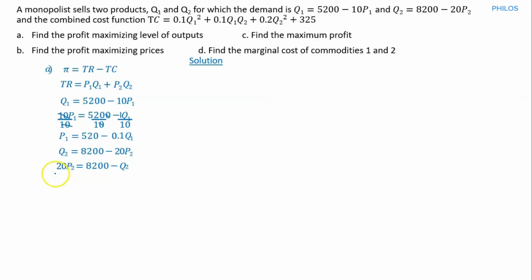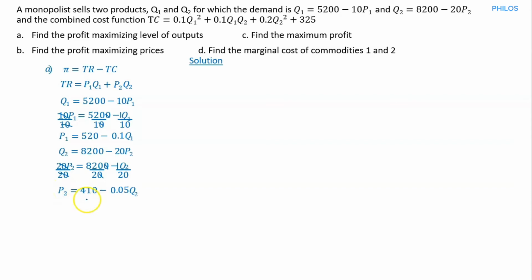Now, since we want to make P2 the subject, we divide through by 20, the coefficient of P2. So this 20 cancels this 20. So we have P2 equal to, this 0 cancels this 0, 820 divided by 2 is 410. So we get 410 minus, now you have 1 here, 1 divided by 20 should give you 0.05 Q2. Okay, so we've been able to make P1 and P2 the subject.